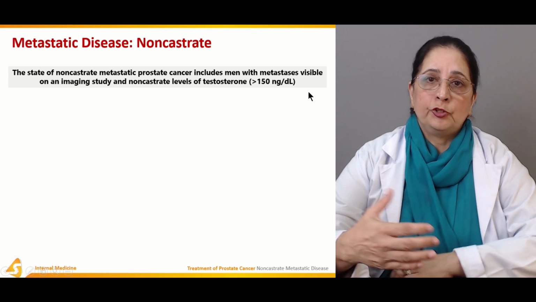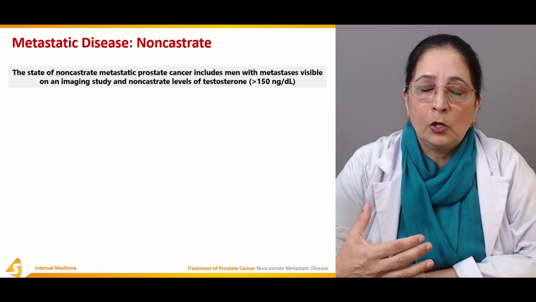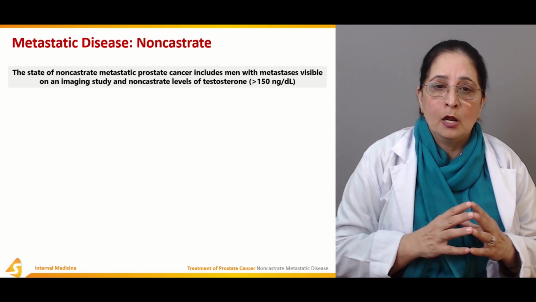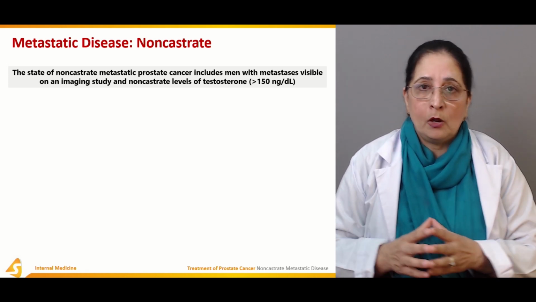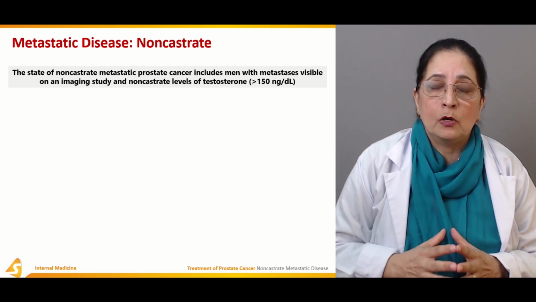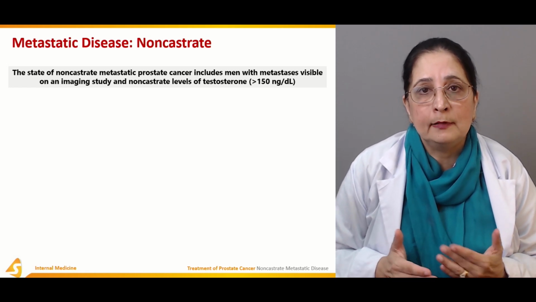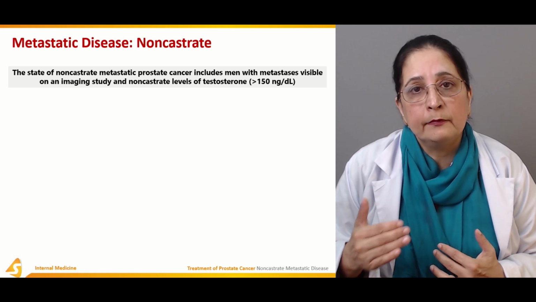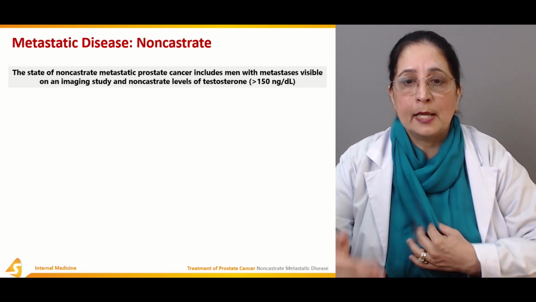So non-castrate metastasis is present on the imaging studies, but these patients are non-castrate along with metastasis because the testosterone levels are still high, more than 150 nanogram per deciliter.